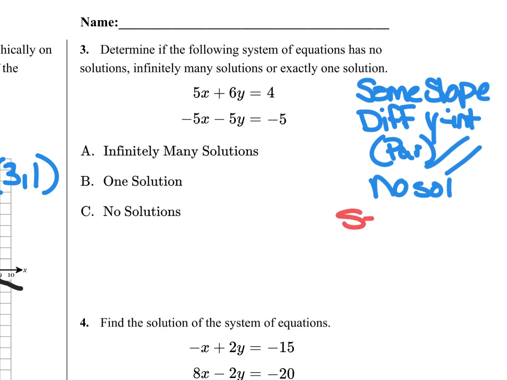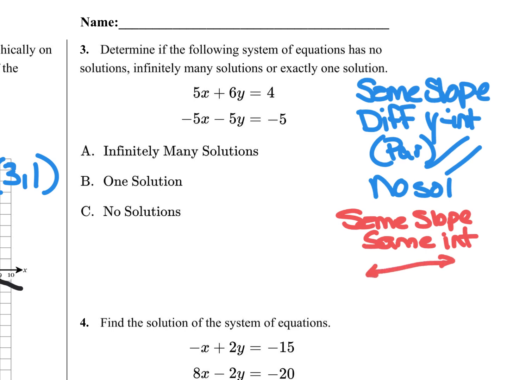If they have the same slope and same intercept, that means they're the same line. So it's just one big, huge line, because it's like laying another one on top of it.